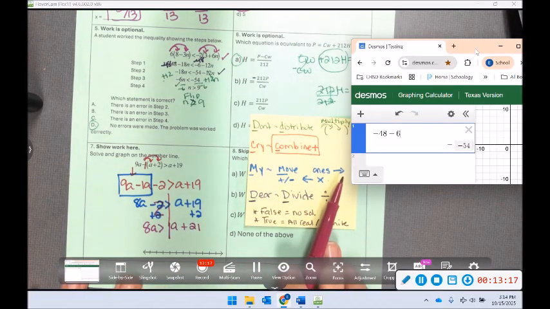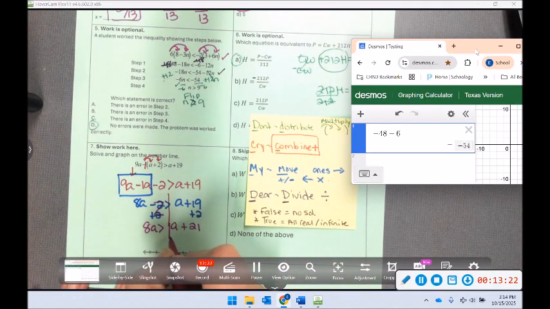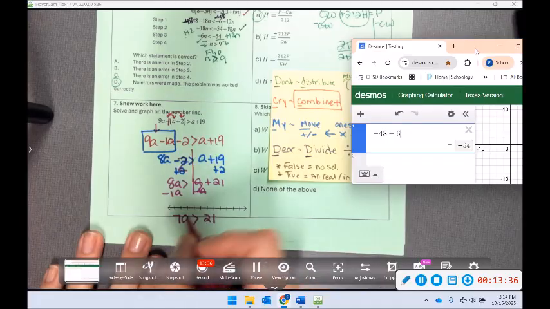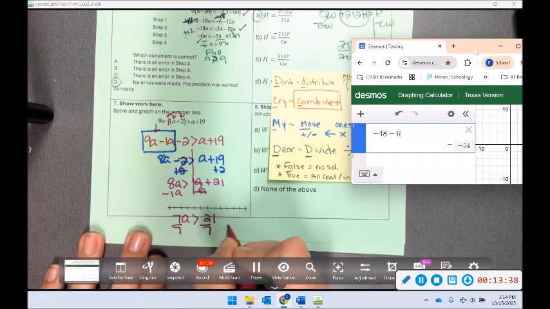So I moved my 1's to the right, now I move my x's to the left. How do I move a positive 1a? With a negative 1a. These zero out. 8 take away 1 is 7 is greater than 21. And the last thing I have to do, like always, is divide. So a is greater than 3.